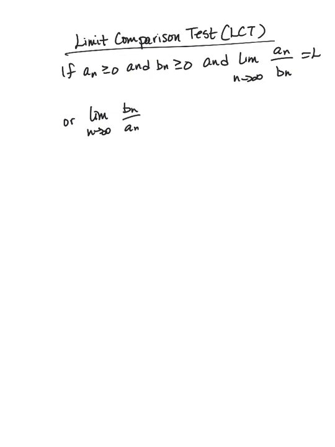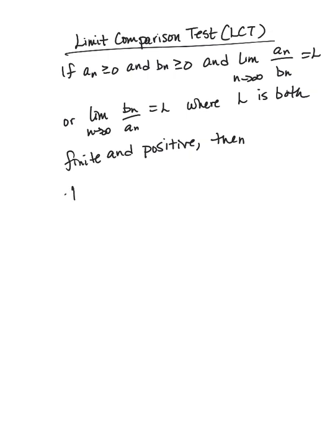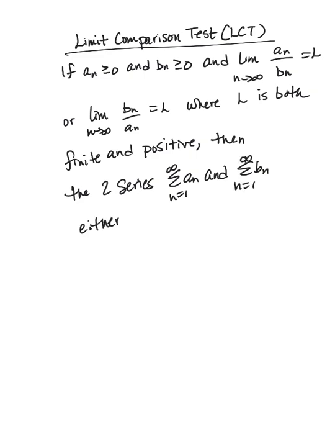B sub n over A sub n equals L, where L is both finite and positive, then here's what we would have. The two series A sub n and B sub n either both converge or both diverge.